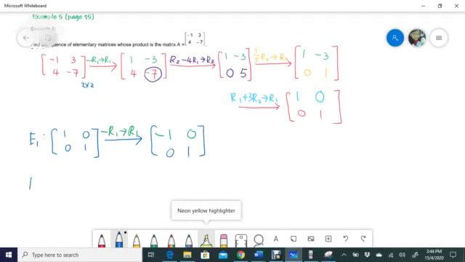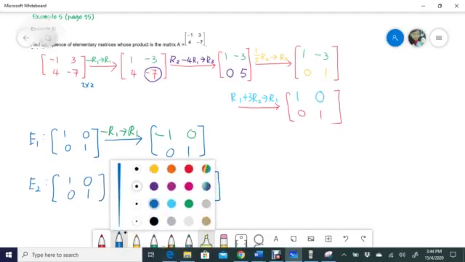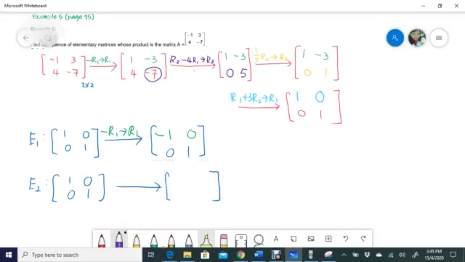Then E2, same thing, start with 1, 0, 0, 1. Just continue. I hope you can understand because I'm using the same color as what you have for your elementary operation.